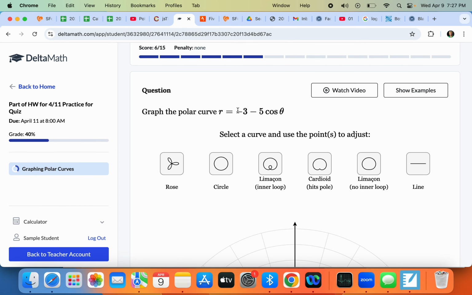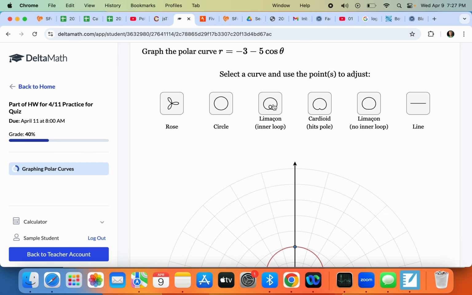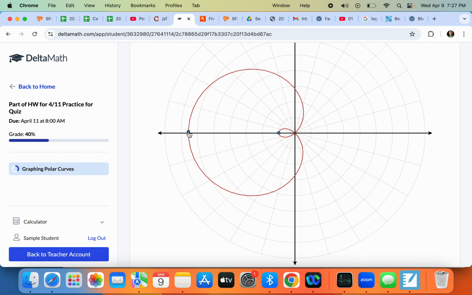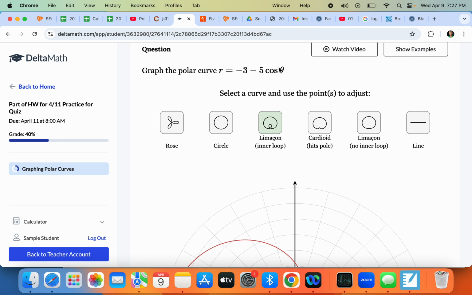All right, now these numbers are different. This is going to be cosine. It's going to poke in. I'm expecting it to be over here probably, but we can test it. All right, with cosines, I like to fill in pi and 0 on these. If you fill in 0, you'll get negative 8. Cosine of 0 is 1, so you'll get negative 3 minus 5 times 1.